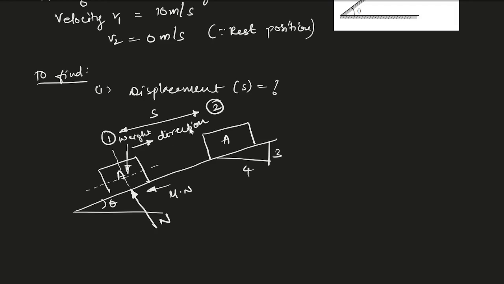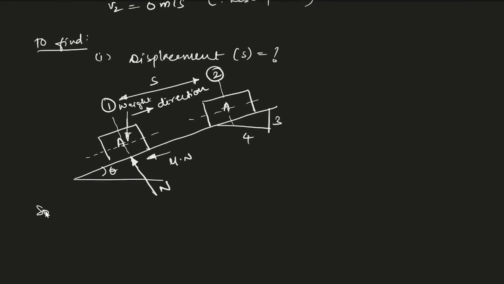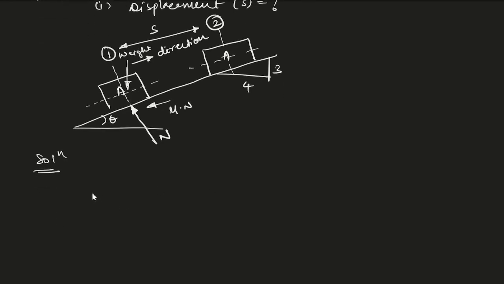So you have to find the distance for the second position. What will be the second distance over here? First of all, we need to find theta as well. So theta will be equal to tan inverse of opposite by adjacent, which is 3 by 4.